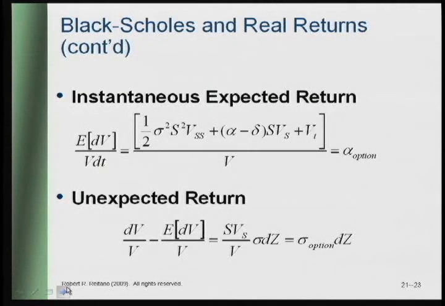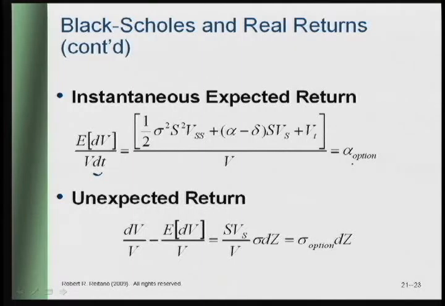So from this process, we can look at the expected return, the instantaneous return on this option. And what is that? It's the expected value of dV divided by V dt. So alpha we can think of, because notice we have a dt in the denominator here, that tells us that alpha is an annual return.